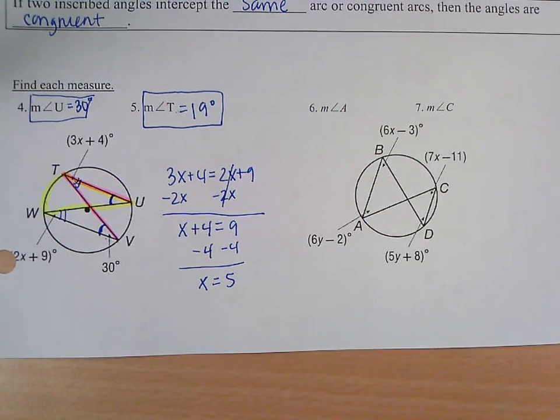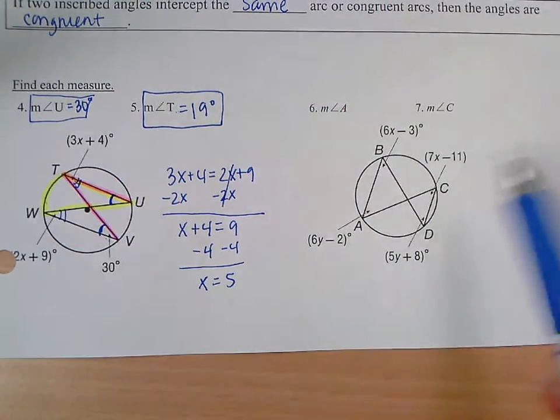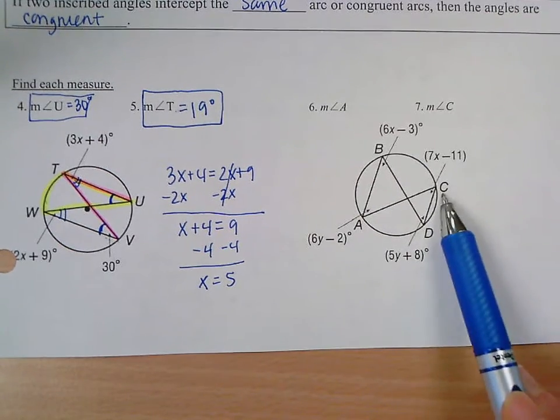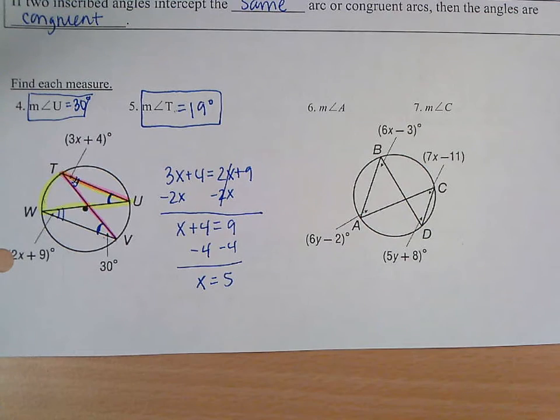All right, so why don't you go ahead and answer both 6 and 7. So for this circle, find the measure of angle A and the measure of angle C for example 6.